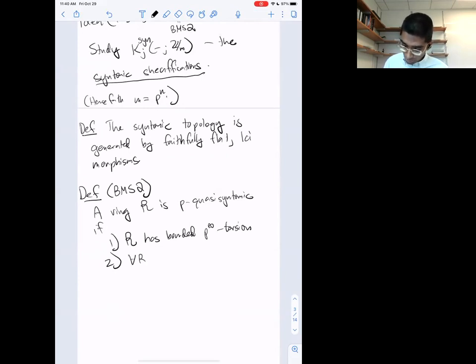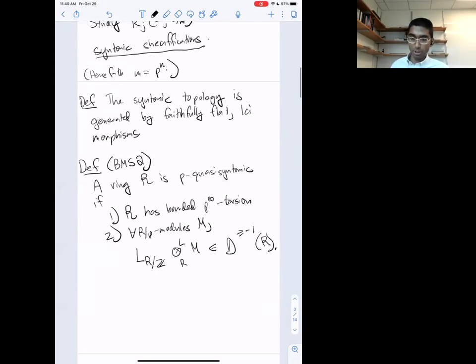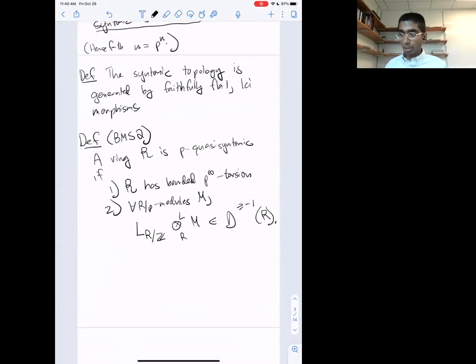So for all R mod p modules M, if you take the cotangent complex of R over Z and take the derived tensor product over R with M, this lives in the derived category of R, and I'm going to assume it lives in cohomological degrees greater than or equal to -1. So this is some homological bound on the cotangent complex.